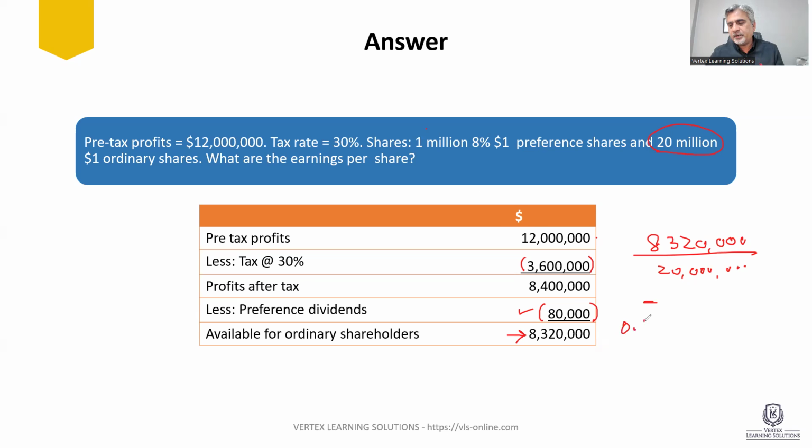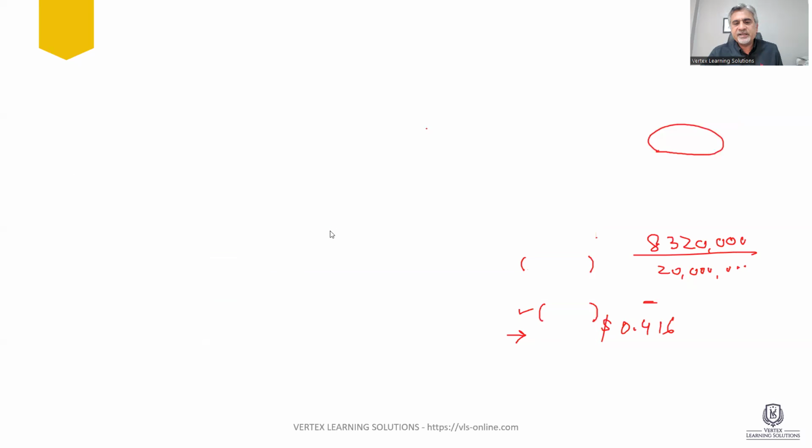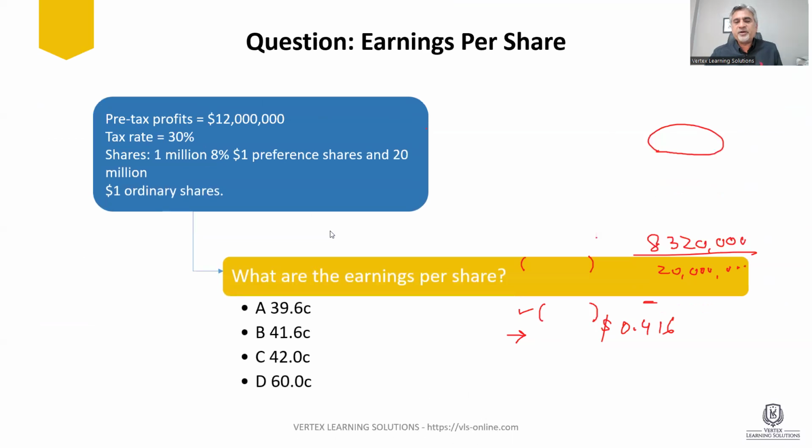Answer is 0.416, which means 41.6 cents. This is in dollars. If you convert it in cents, because in this question they gave you answers in cents. So when I say $0.416, that actually means 41.6 cents. So this will be your answer.